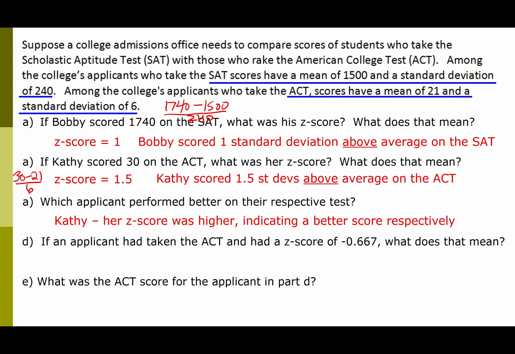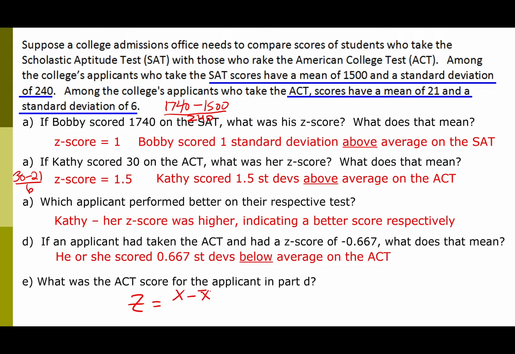Let's say we have a different applicant who's taken the ACT and has a z-score of negative 0.667. What does that mean? It means that he or she scored 0.667 standard deviations below the average on the ACT. So if we want to find that, we have z-score equals my value minus my average over my standard deviation.